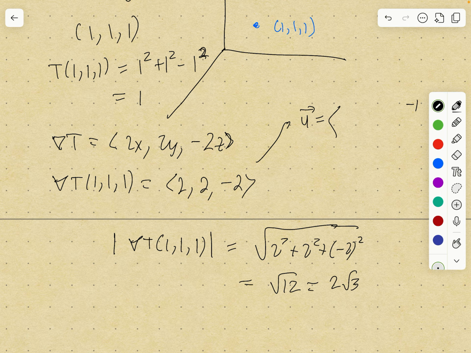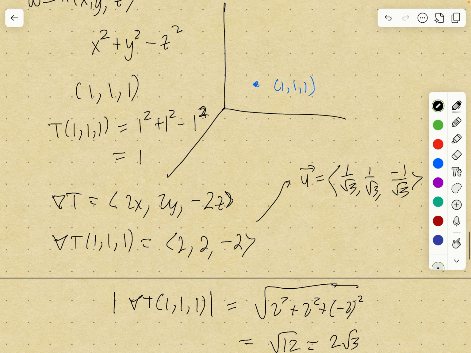So it's actually 1 over root 3, 1 over root 3, negative 1 over root 3. Which is down, right? So this would be the direction that you would fly in to make the instantaneous rate of change of temperature as large as possible.